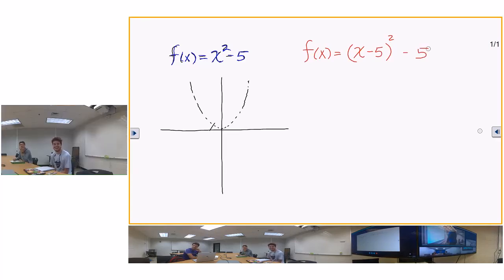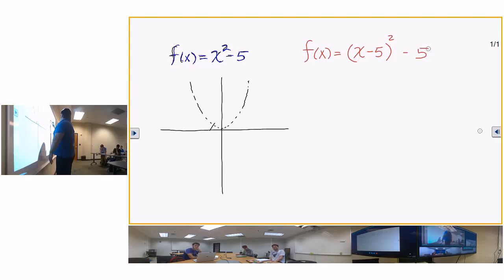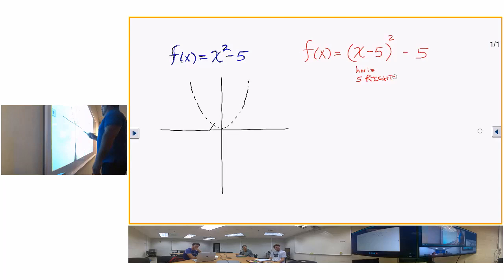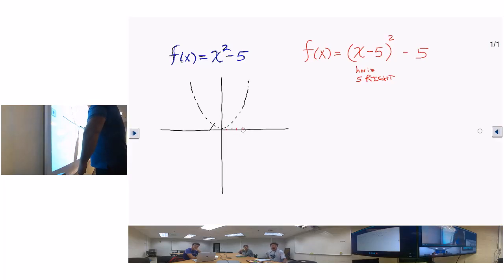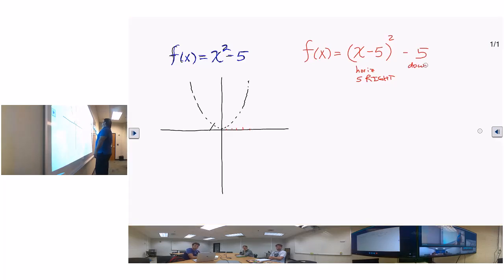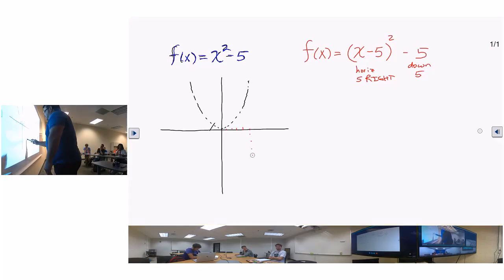Well, since the 5 is connected to the x, within the brackets or the parentheses, that's a horizontal shift of 5 to the right. So then I would go 1, 2, 3, 4, 5. And then this, since it's outside the brackets, would be down 5. 1, 2, 3, 4, 5.